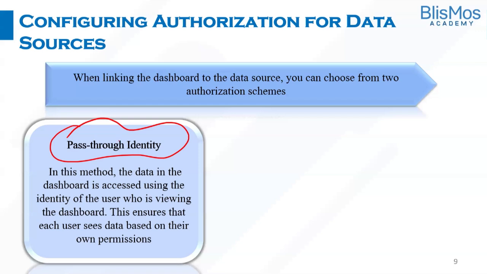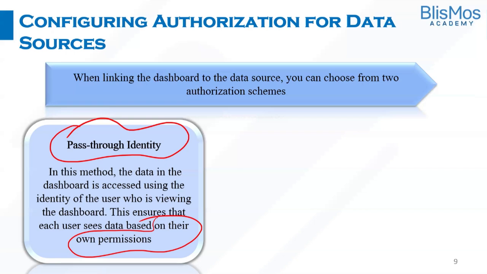One is pass-through identity. This ensures that each user sees the data based on their own permissions. When we are talking about real-time dashboards, all the users are not given all the permissions. They may have different permissions.